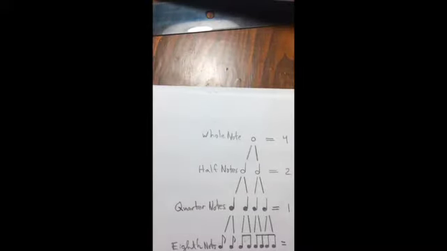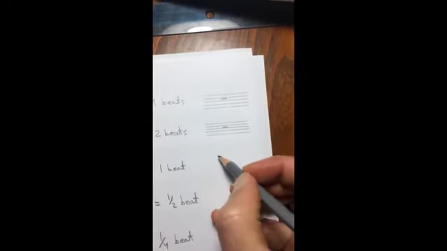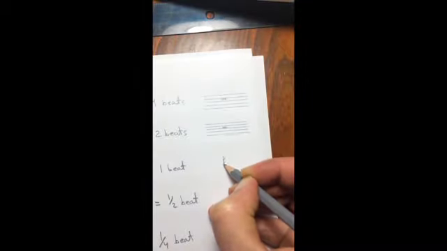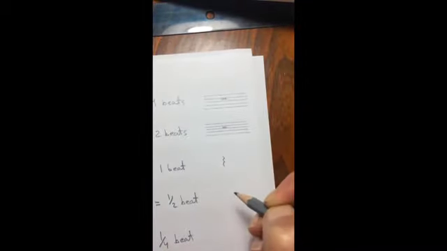Now, the quarter rest is a funny looking shape. It looks nothing like the whole rest or the half rest. The quarter rest looks like this. It's like a slanted Z with a curved line off of it. When I draw that on the staff, it's very specific.